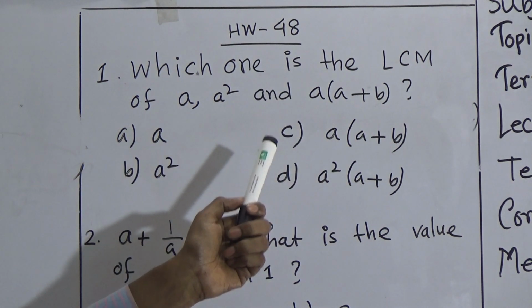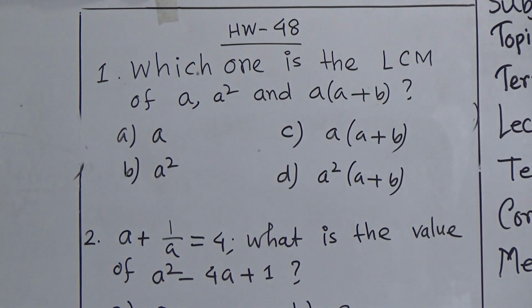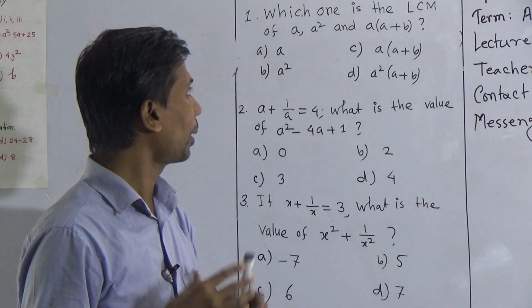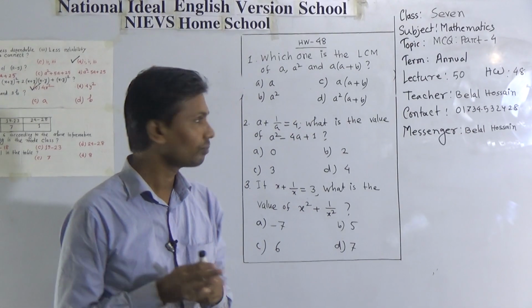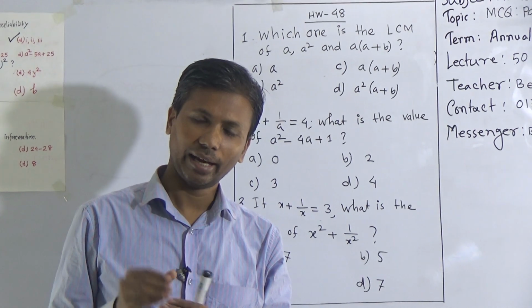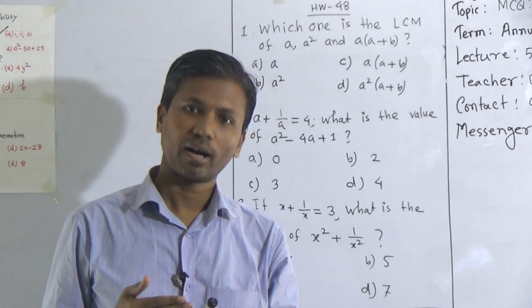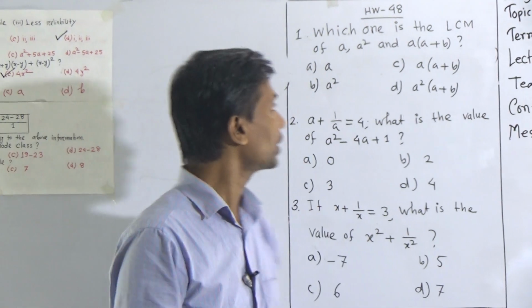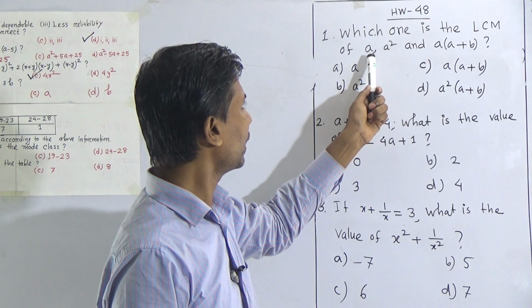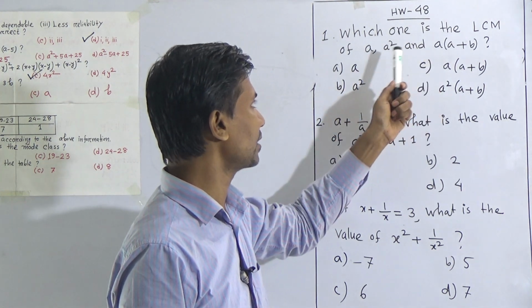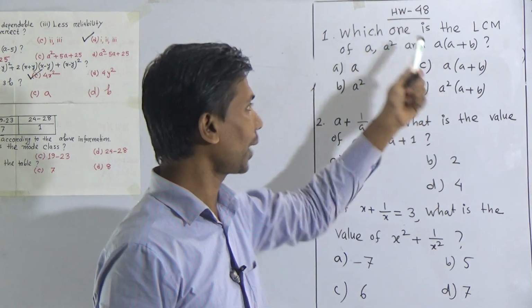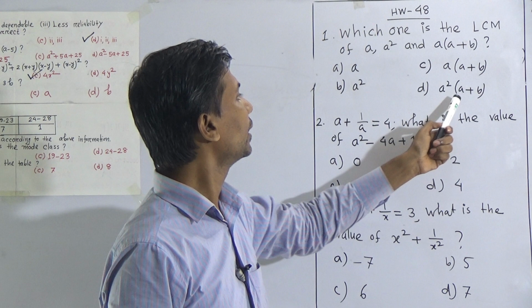We know LCM means the highest factor and the multiplication of uncommon factors. Among a square and a, which one is the greatest? A square. And a plus b is the uncommon one. So our LCM will be a square into a plus b.